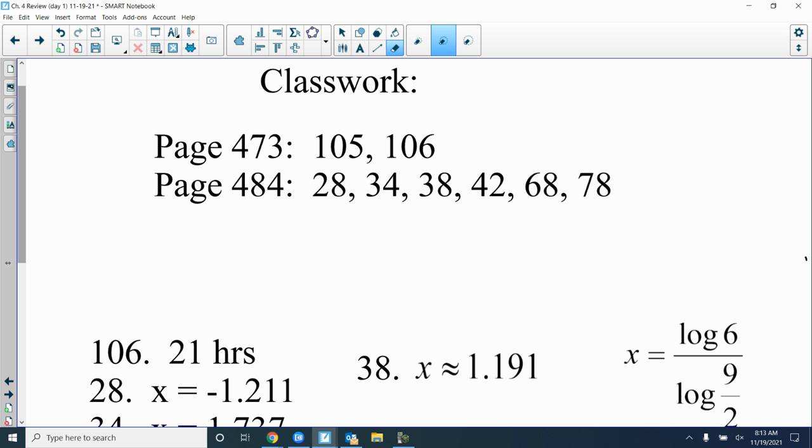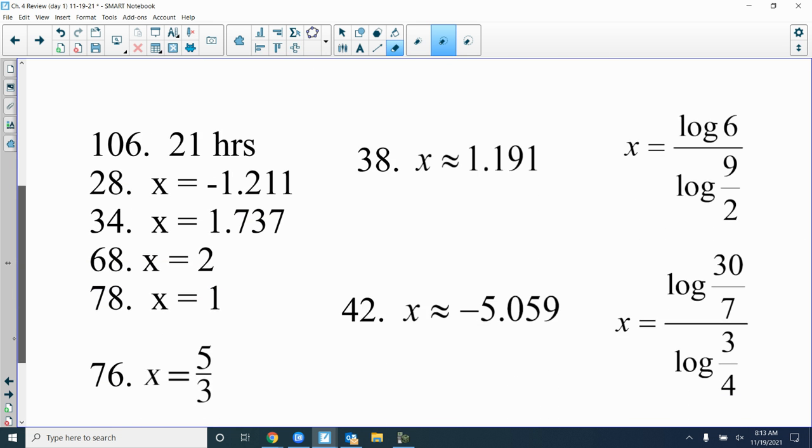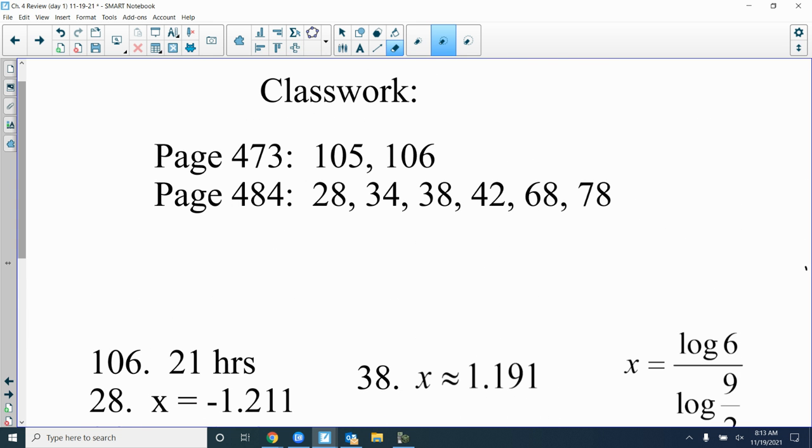So work till the end of the period on this. If you missed some questions from the homework, or weren't quite sure, this is a good time to get them answered. I think for 38 and 42, it lists exact values as well.